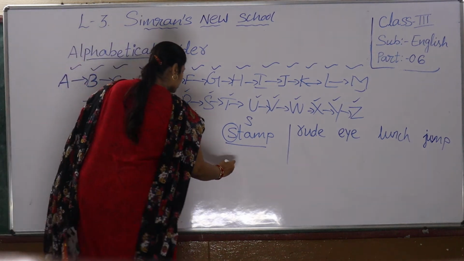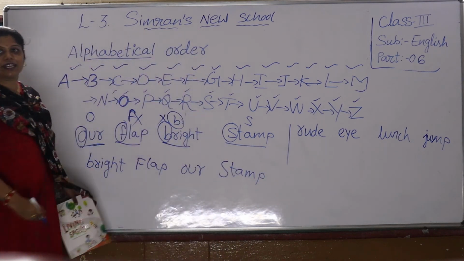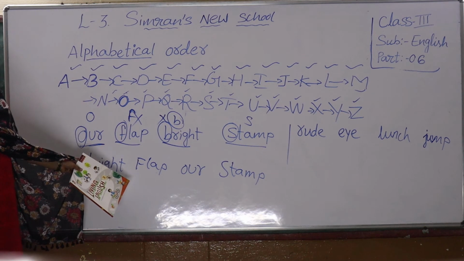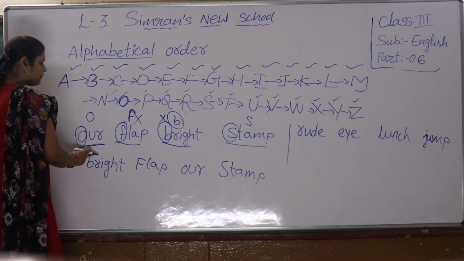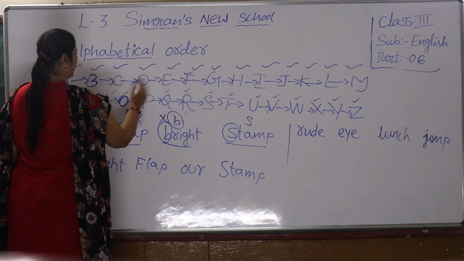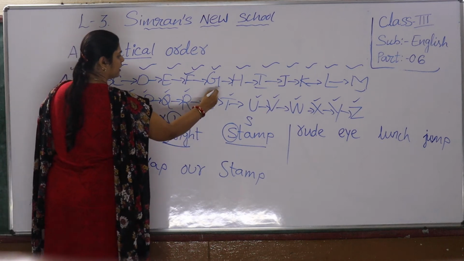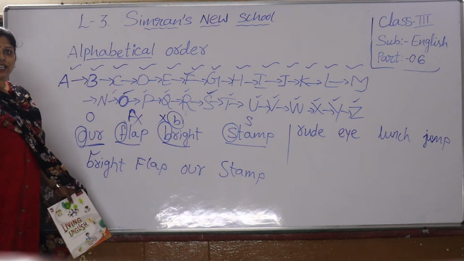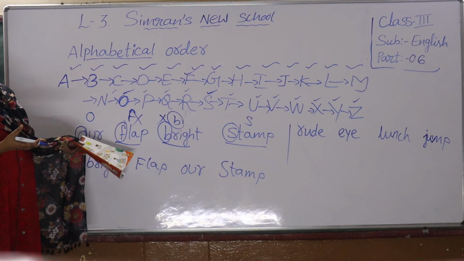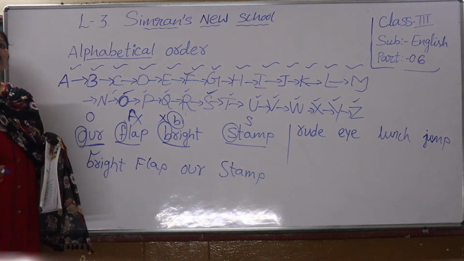Then the last one will be written as it is, stamp. Understood? So this is our alphabetical order, children: bright first, flap second, then our third. In this way we must write the alphabetical order of the words, and in the dictionary also we follow the same way.